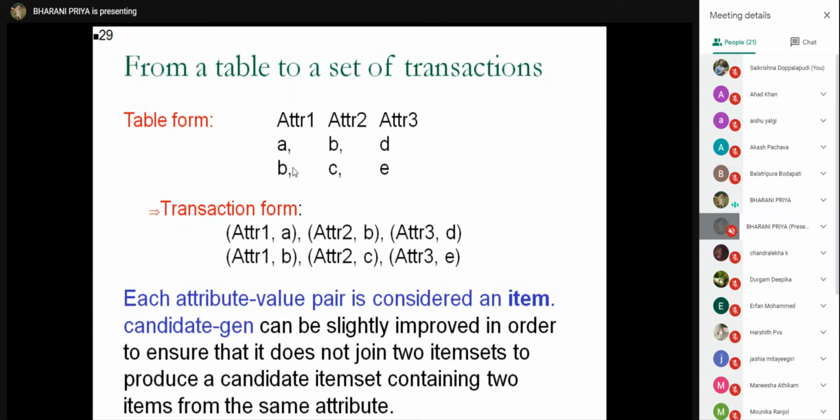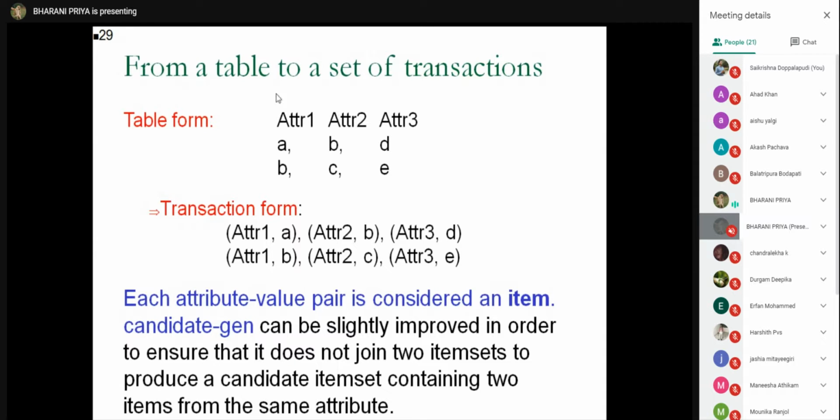Why are we not taking the single values A, B, D? Why are we going with the attribute values? Ma'am, maybe attributes play the role of a key to identify them uniquely. Yes, to identify them uniquely, a unique label.